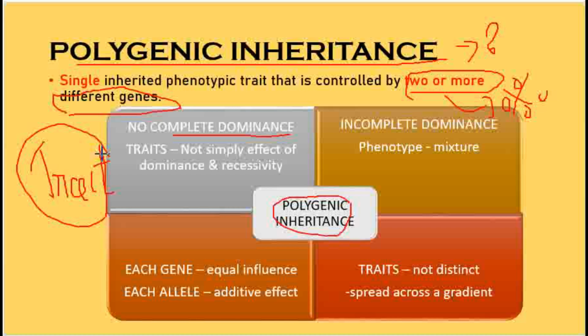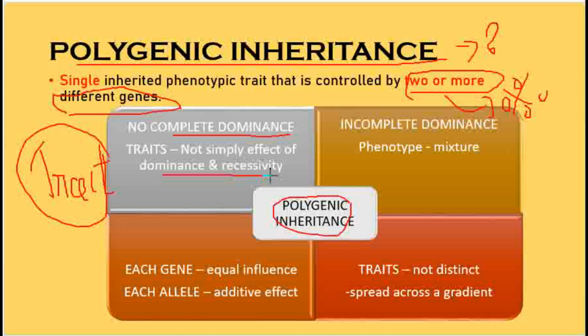But in polygenic inheritance, it's not like that. Traits are not simply the effect of dominance or recessivity. Mendel said if a gene is dominant, you find the character of that gene, and if it is recessive, the character will be recessive. But here it's not like that.